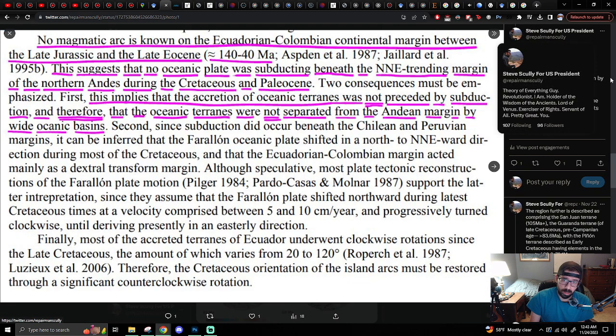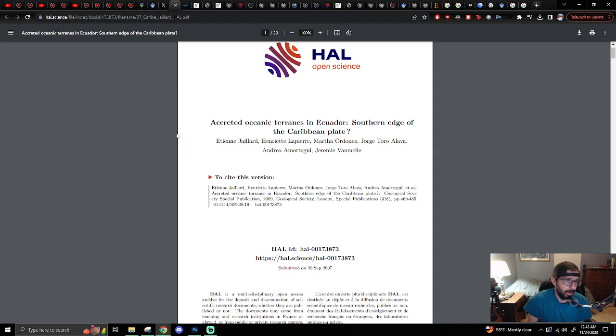Another paper in the area, this one: Created oceanic terrains in Ecuador, southern edge of the Caribbean plate, question mark, by Gélard et al.